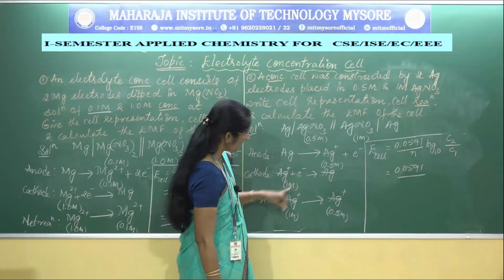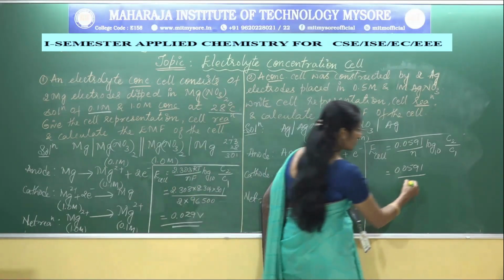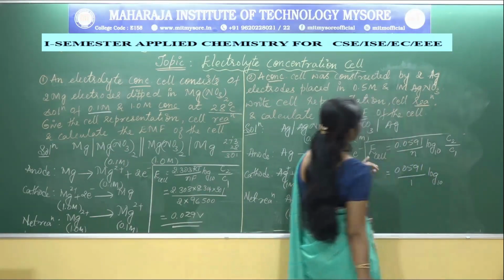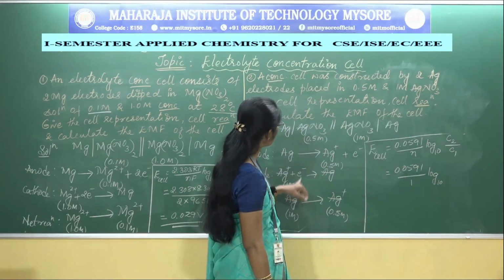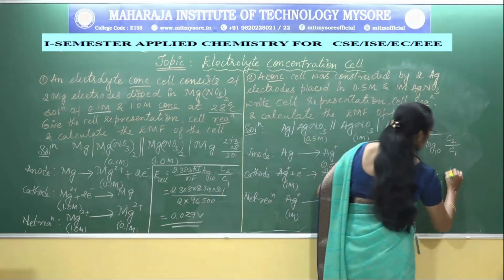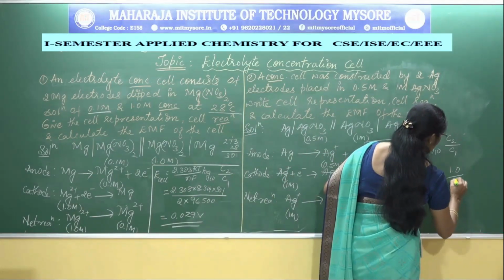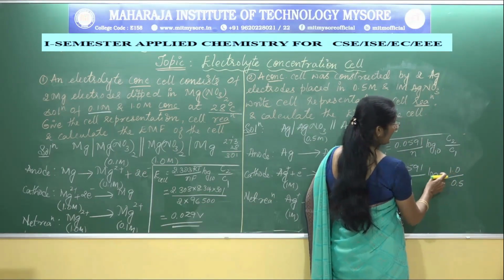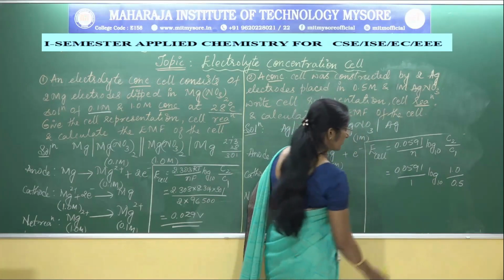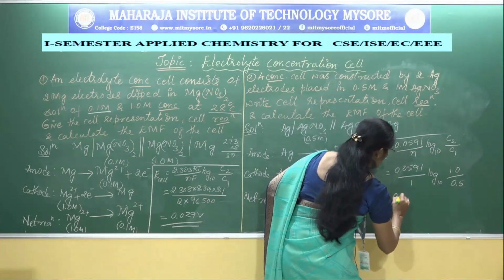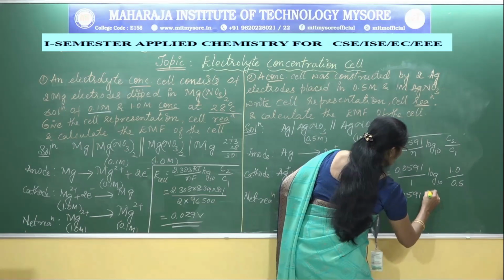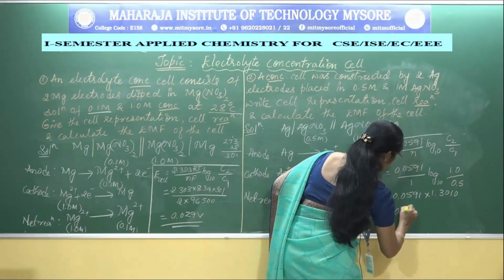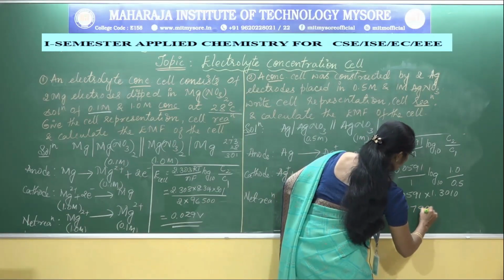The number of electrons involved in the reaction is 1, so n becomes 1. Then log base 10 of the concentration of metal ion at the cathode, 1 molar, divided by C1, 0.5. Simplify this, this becomes log 2. Log 2 value is 0.3010. So 0.0591 times 0.3010. Simplify this, we get 0.0178 volt.